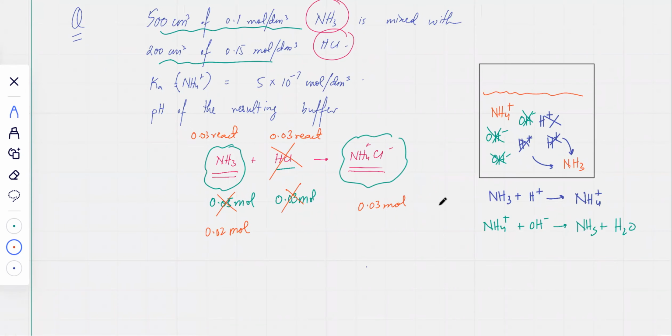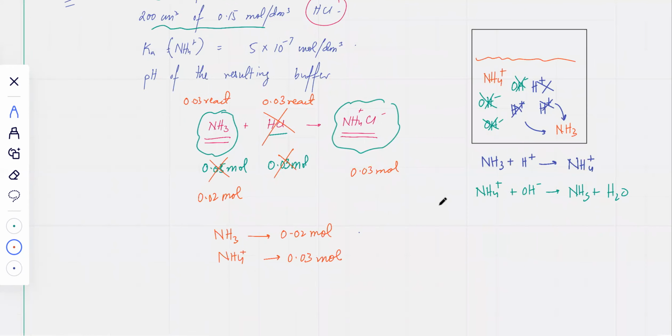It's going to have NH3, and the moles of NH3 are going to be 0.02 moles, and it will have NH4 plus 1, and the moles of NH4 plus 1 are going to be 0.03 moles. So your solution is going to have this.